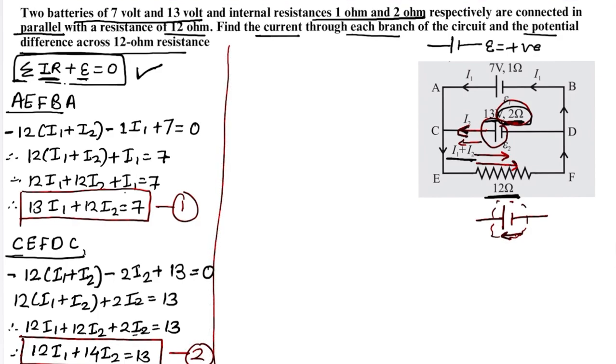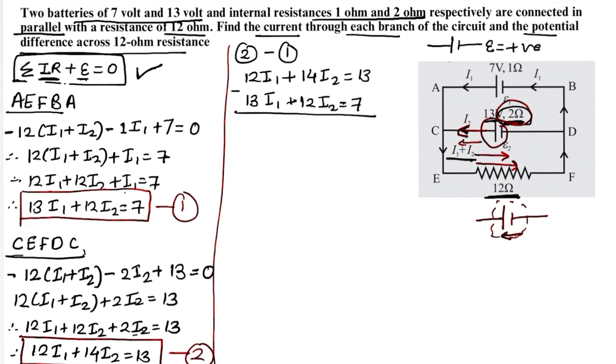Now our next step will be to subtract the equations from each other. We will subtract equation 1 from equation 2. So let's write first equation number 2, that is 12 I1 plus 14 I2 is equals to 13. First equation is 13 I1 plus 12 I2 is equals to 7.